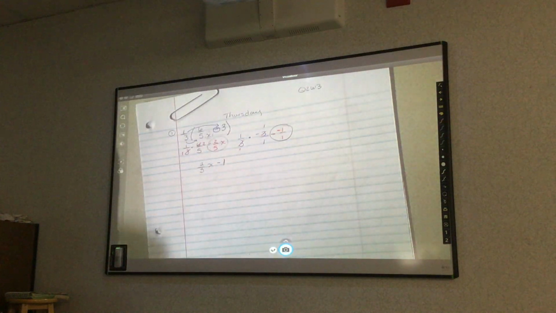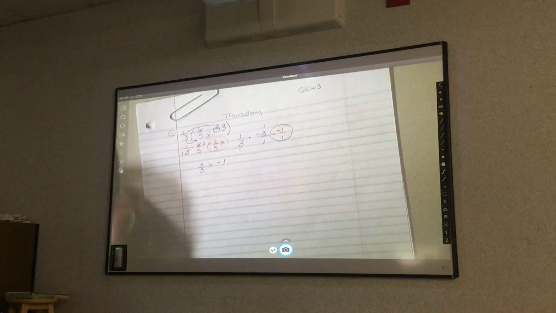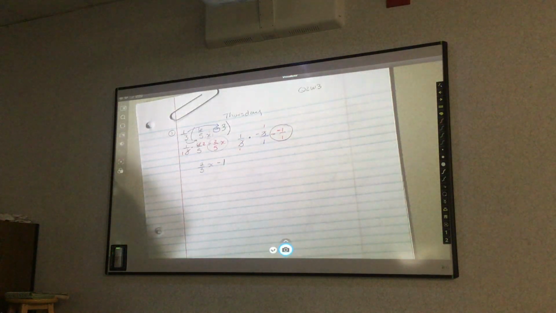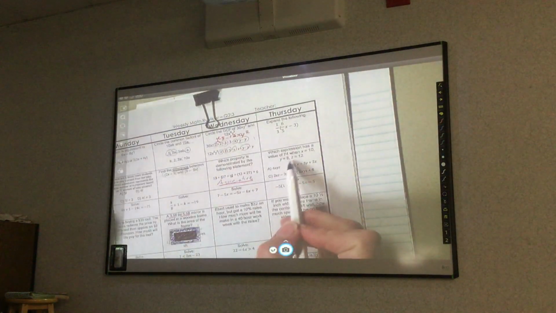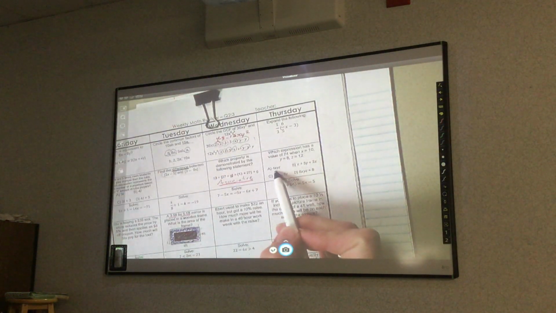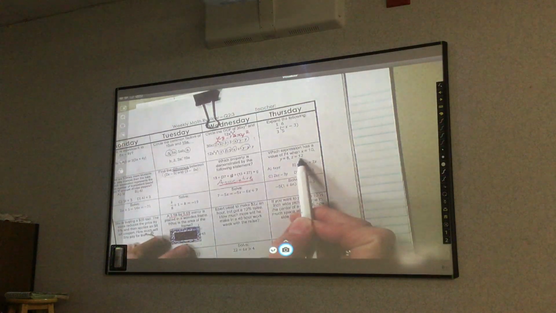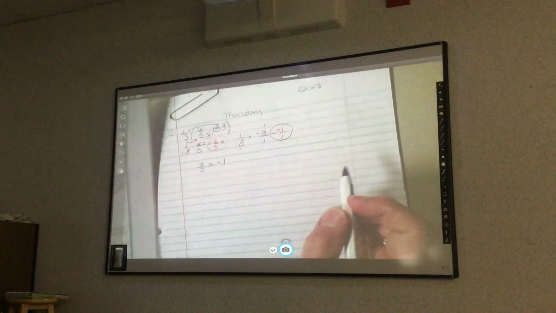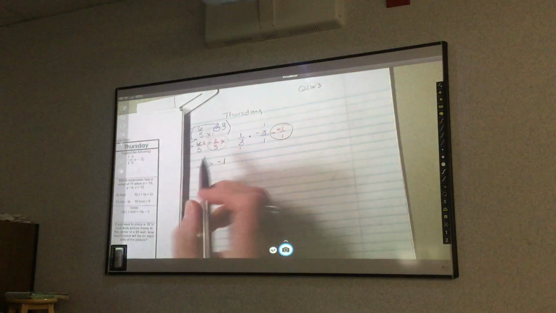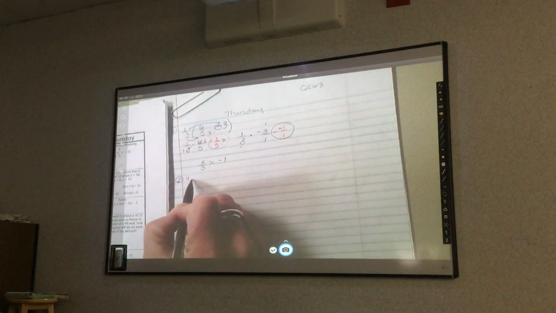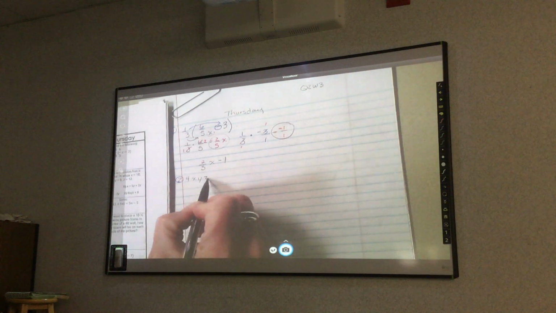Number 2, which expression has a value of 74 when x is 10, y is 8, z is 12? So what I have to do is I actually have to come in and do all of these problems. I'm just going to start with A. So A is 4 times x times y times z.